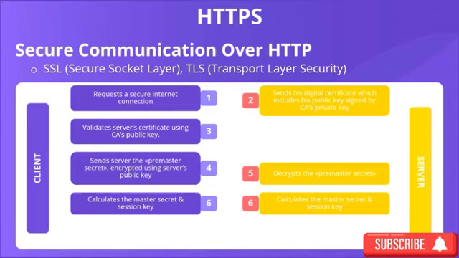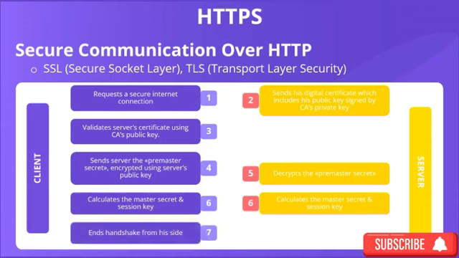Then, they use the master secret to generate the session keys, which are symmetric keys used to encrypt and decrypt information exchanged during the SSL session and to verify its integrity. The client sends a separate message indicating that the client portion of the handshake is finished, and the server sends a separate message indicating that the server portion of the handshake is finished.